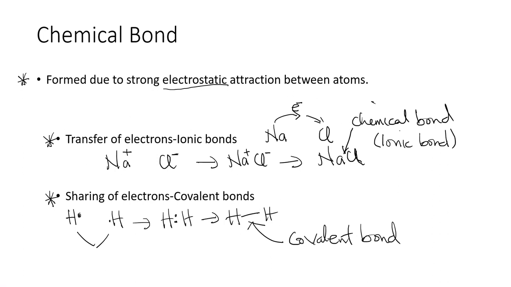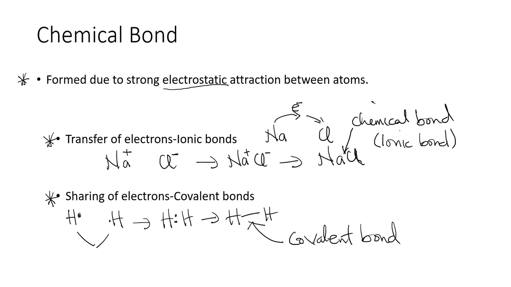So you can think about ionic bond formed when electrons transfer to form positively charged ion and negatively charged ion. Now these charged particles will attract each other. That attraction is known as an ionic bond.